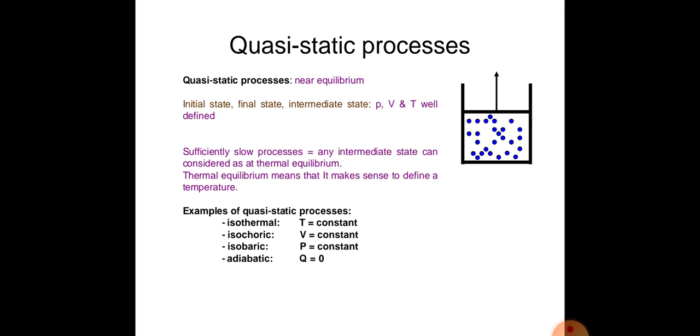Thermal equilibrium exists if the temperature of the system is uniform throughout and equal to that of the surroundings with which it is in thermal contact. So the system is in thermal equilibrium.